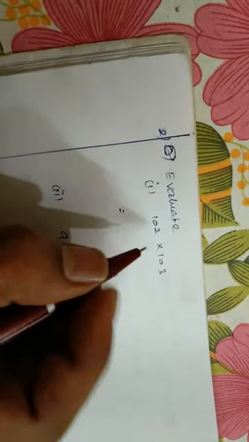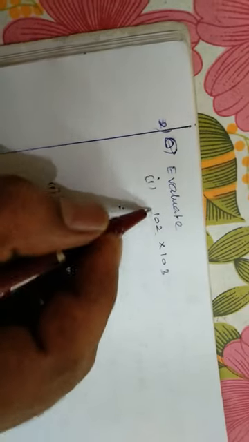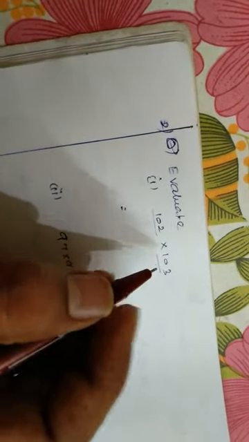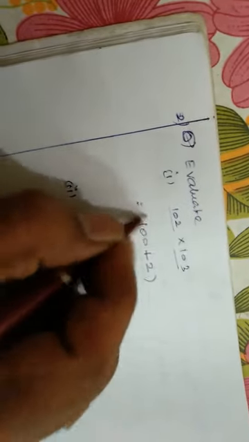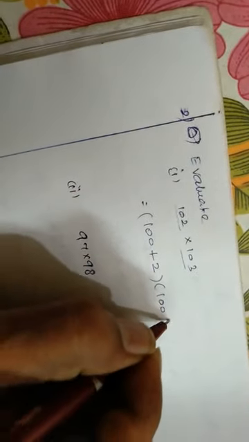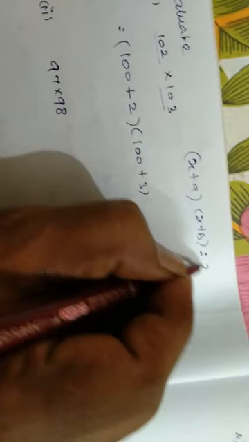Next, using this identity you are going to evaluate such a type of number. So now recall this is 102, this is 105. Now we write this 102 as 100 plus 2, and this one is 100 plus 3. Now the identity (x + a)(x + b) equals x squared plus (a + b)x plus ab.